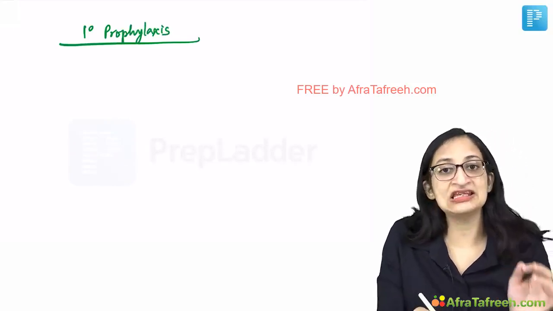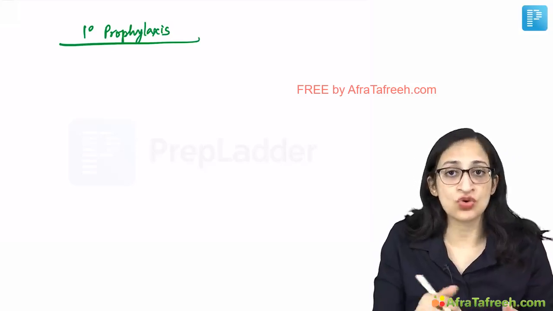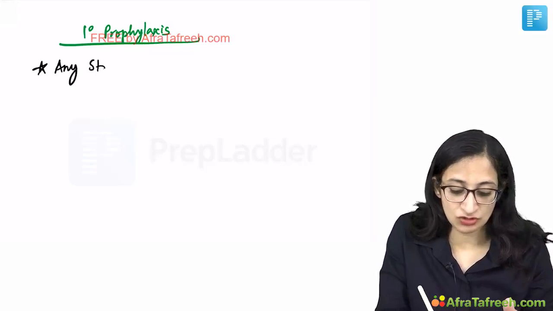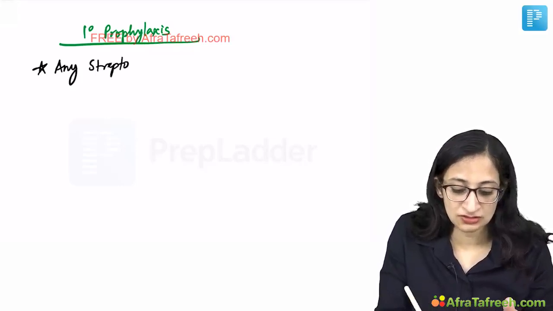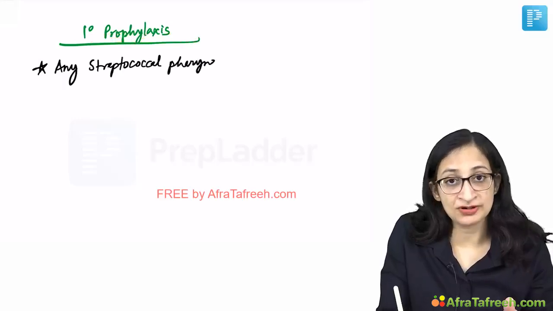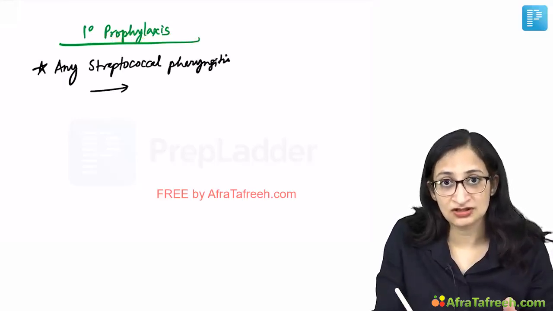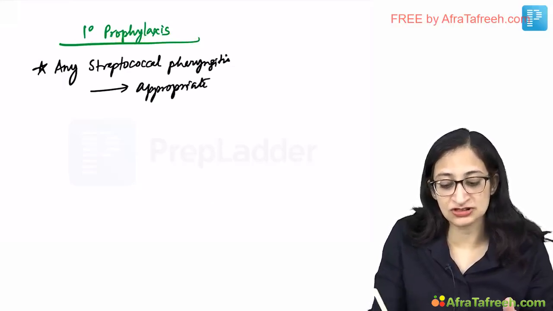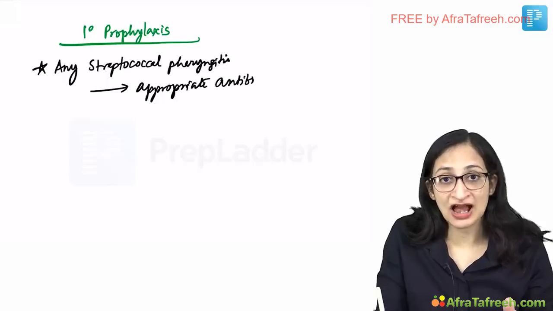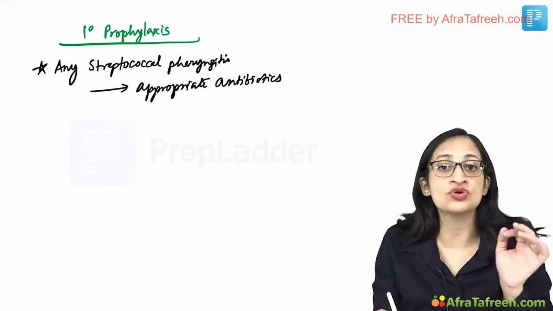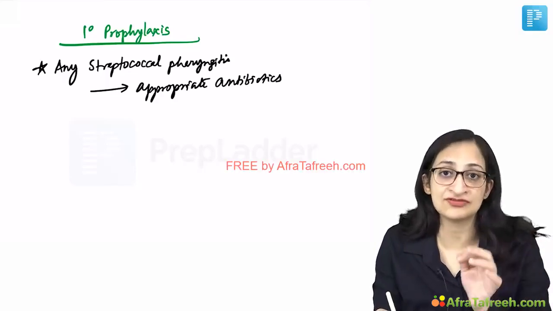Any streptococcal pharyngitis should be ideally treated appropriately with antibiotics. Appropriate antibiotics should be started like amoxicillin. And it should be ideally started within 9 days of onset of sore throat to prevent acute rheumatic fever.